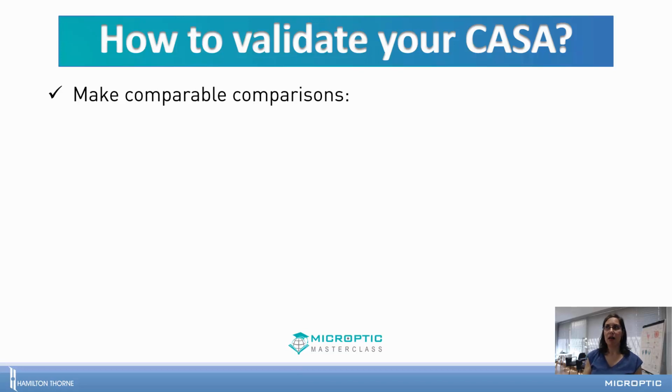Especially when you are comparing manual against automatic methods, there are lots of sources of variation that could interfere with your results. This is why we should make all these comparisons as equivalent as possible. So we should make comparable comparisons.